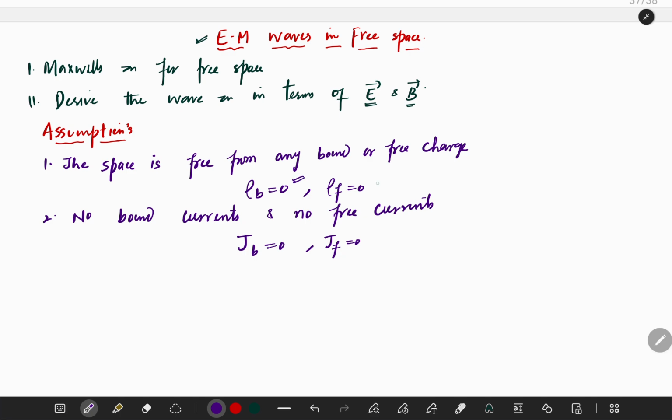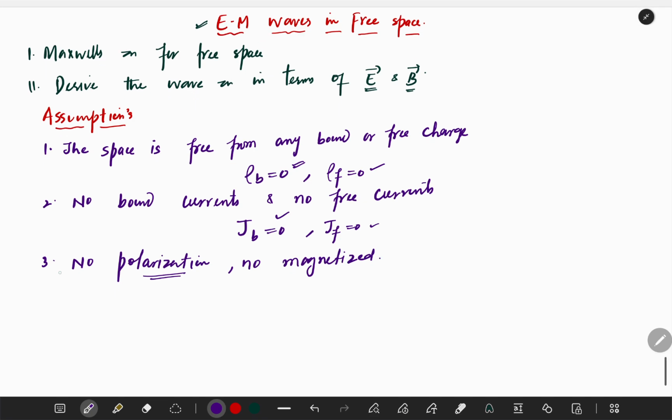Bound charge equals 0, free charge equals 0, bound current equals 0, free current equals 0. Third, the space gets no polarization. No polarization happens to the space, and no magnetization. The space doesn't get magnetized, neither does it get polarized.